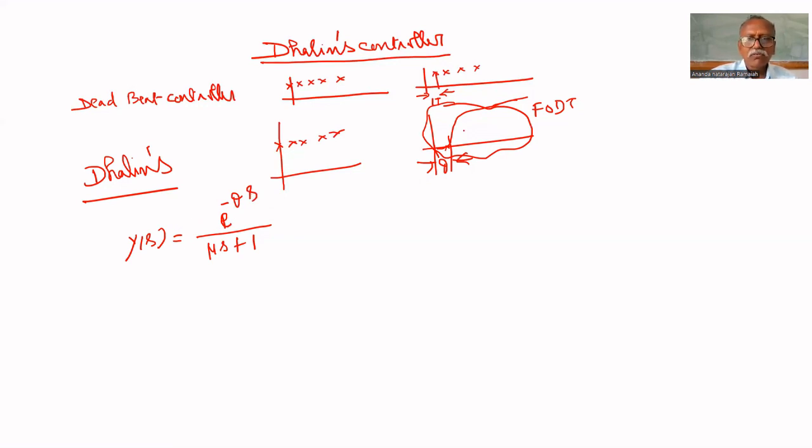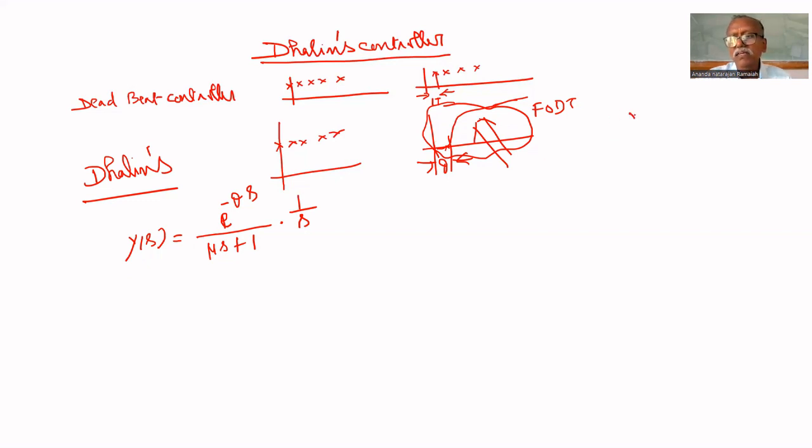Y of s equal to this transfer function, and for a step input the output is 1 by s times e power minus theta s upon mu s plus 1.